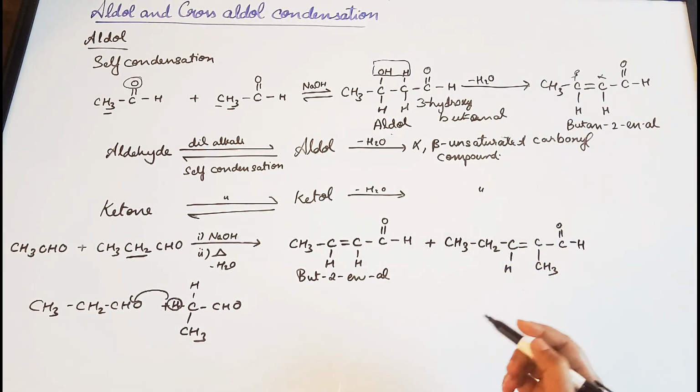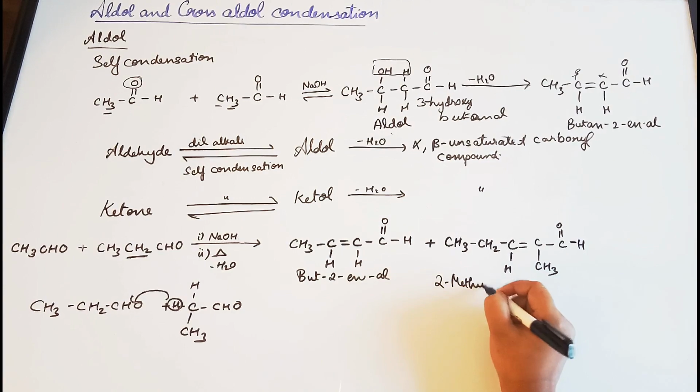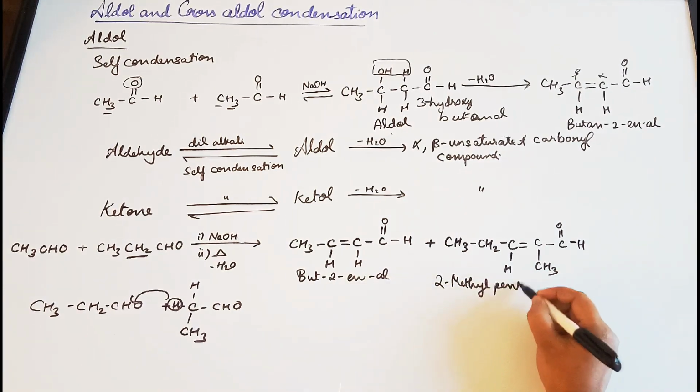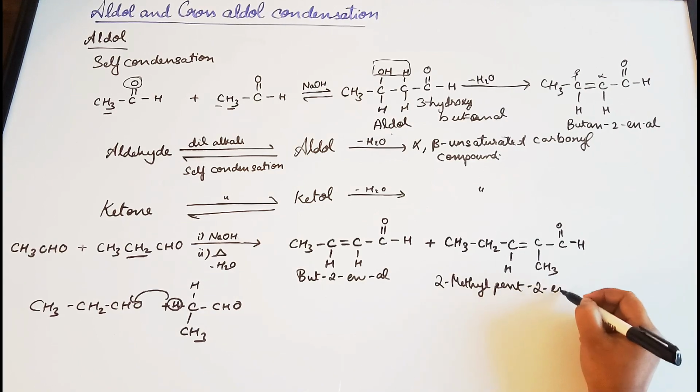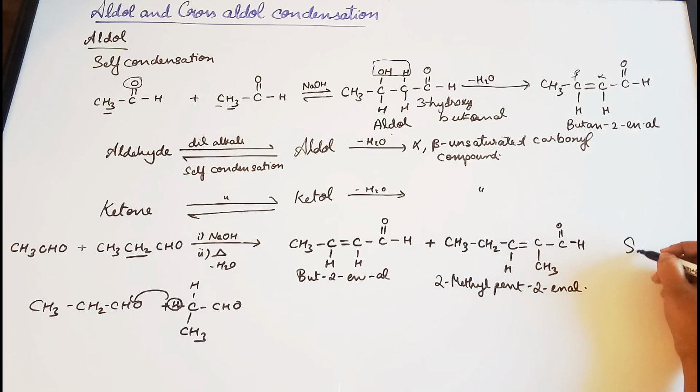So these are going to be the self-condensation products, and this is called 2-methyl pent-2-enal. So these two are the self-condensation products.